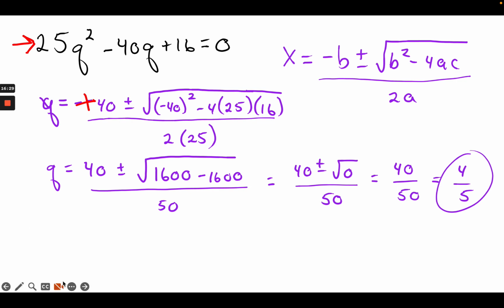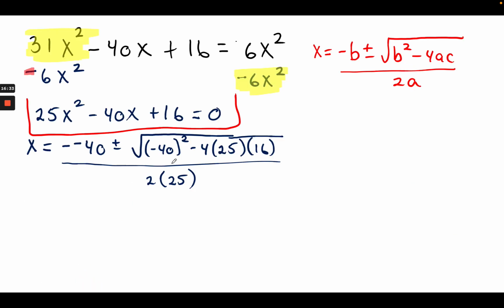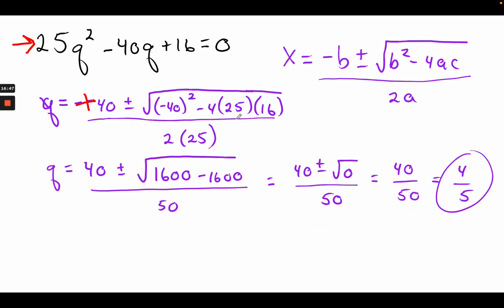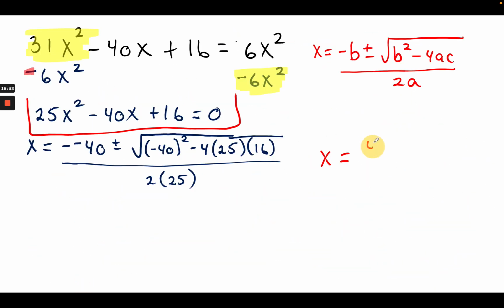After I subtracted the 6x squared, I ended up with the same problem. So I don't have to go through the process of solving it again. We already did it. What did we get as an answer? X equals, let's go back. X equals 4 over 5. Isn't that amazing? So after we subtracted the 6x squared, it ended up being the same problem.